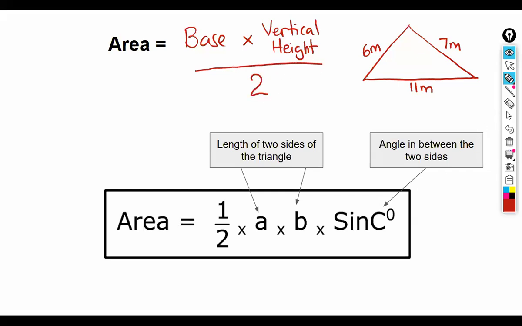My question: in this triangle, if I tell you the base is 11, what is the vertical height to use in the question? Should I use the 6 as the vertical height, or should I use the 7? Make the right choice. Let me see what you come up with here.